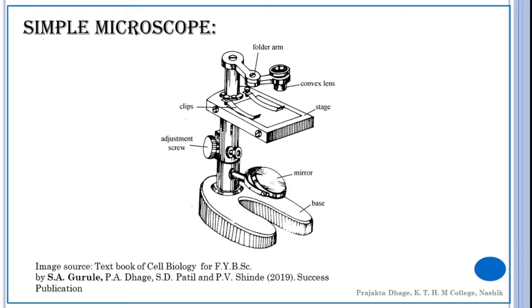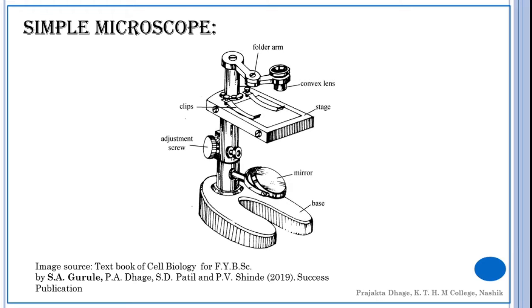It is able to distinguish between 2 points which are less than 0.1 mm apart when placed at a normal viewing distance of 25 cm. A simple microscope, for instance, consists of a single convex lens or a combination of lenses functioning as a single convex lens.